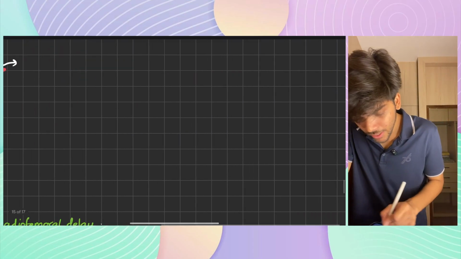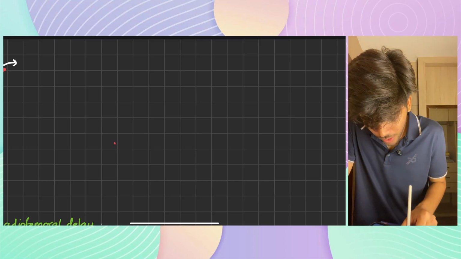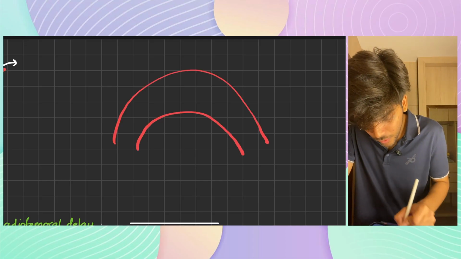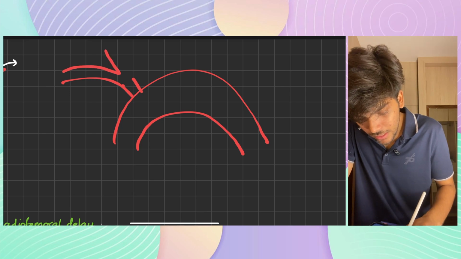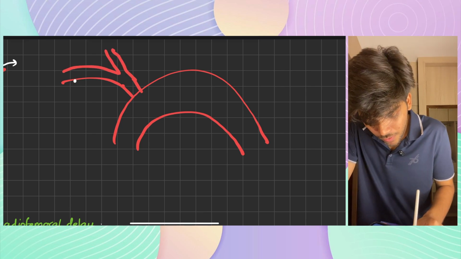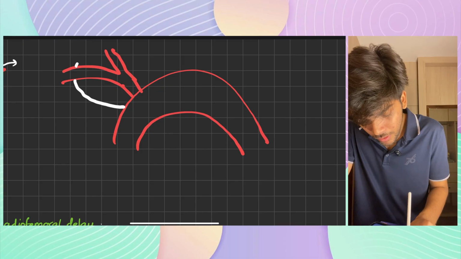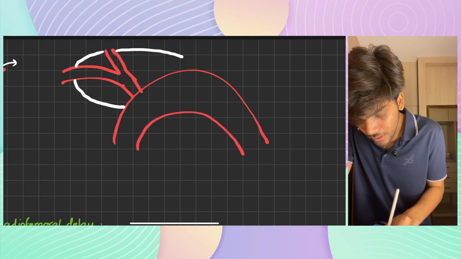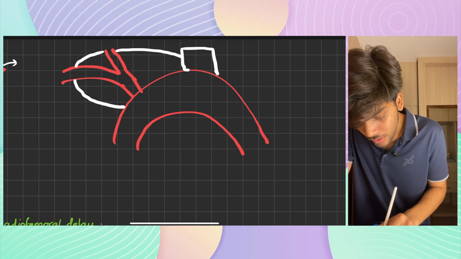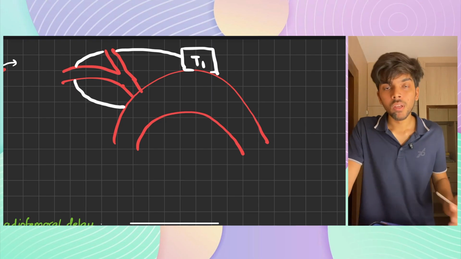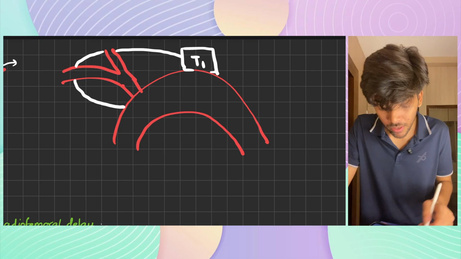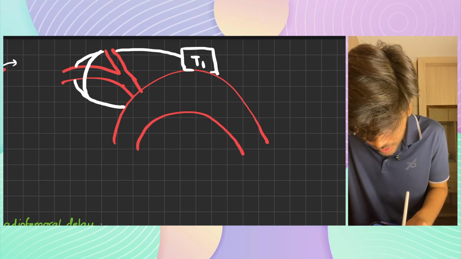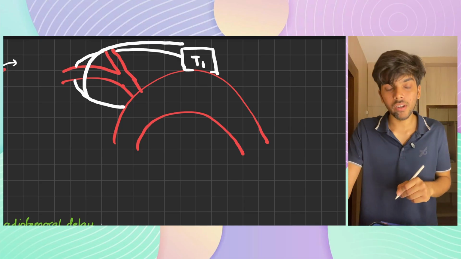And then there's the last. Let me draw a separate diagram. So this is the arch of aorta with subclavian artery arising from brachiocephalic trunk. This subclavian artery travels above the rib, right? This rib is attached to the T1 vertebra. But sometimes you might have a cervical rib, that is a rib which is attached to a cervical vertebra.